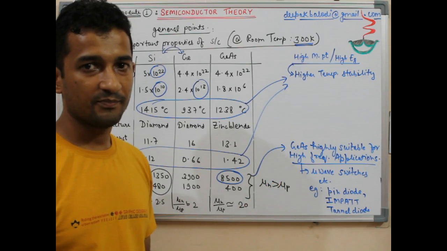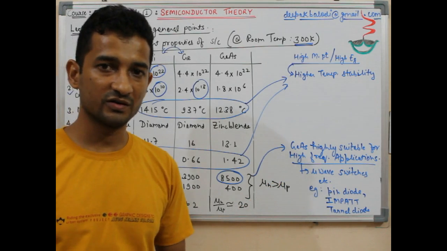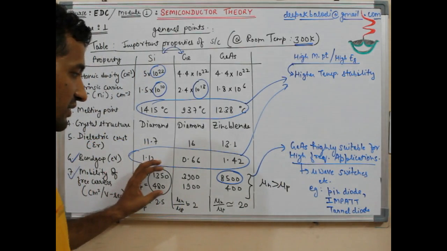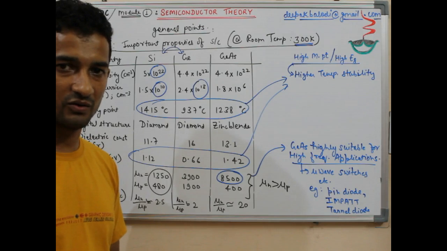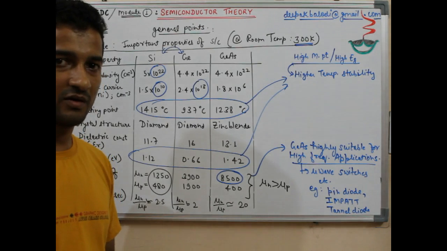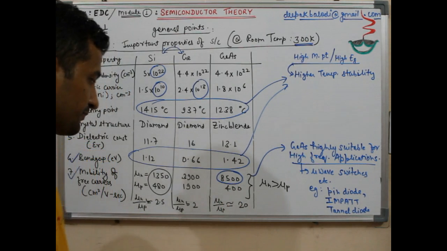But still, because of the excellent nature of integrated circuit manufacturing technology, we still exploit the mobilities of silicon. So silicon is still in use for high frequency applications, but we would prefer gallium arsenide.